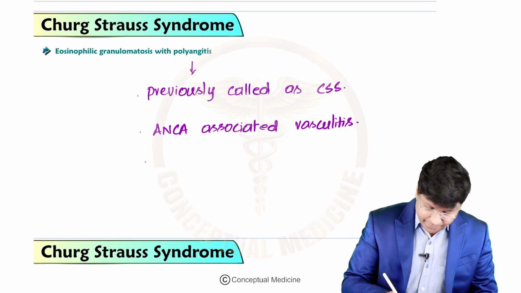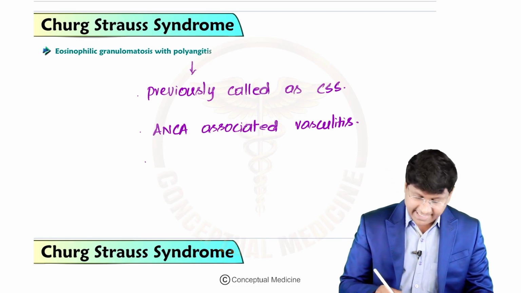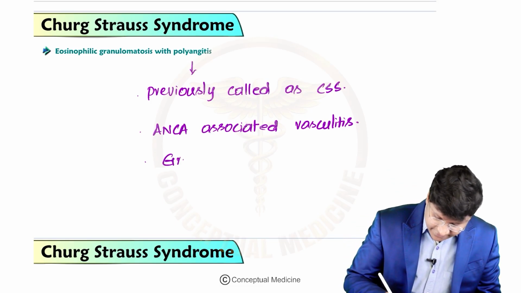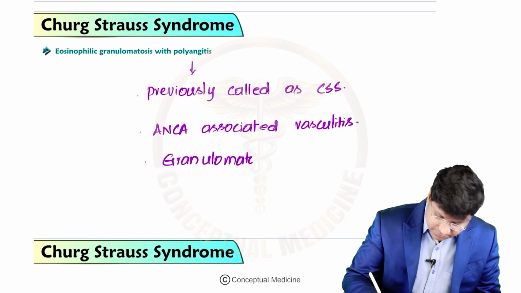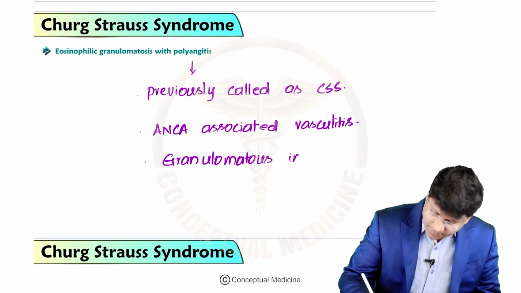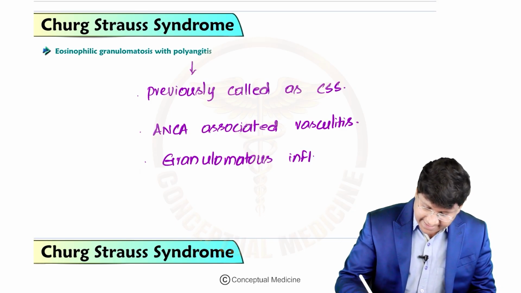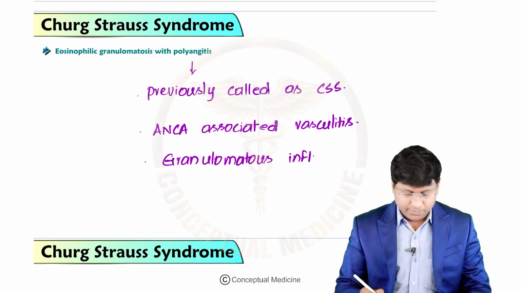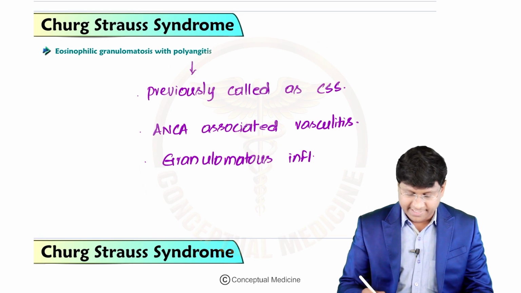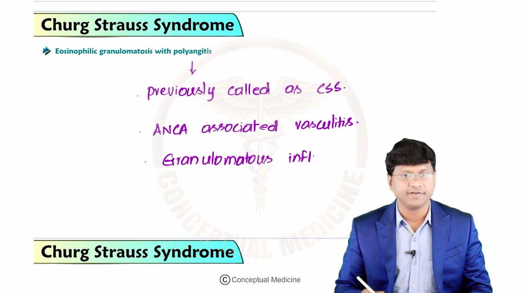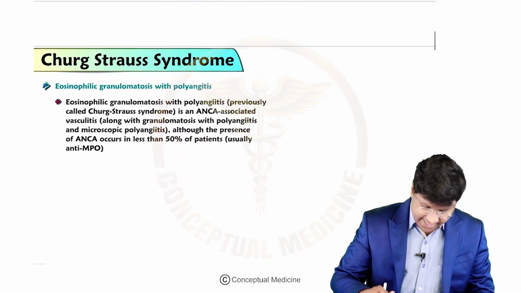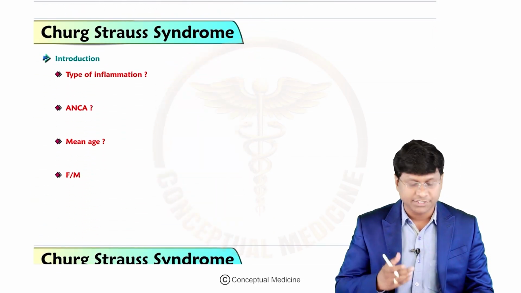And the type of inflammation that you will have in case of eosinophilic granulomatosis with polyangiitis is the granulomatous inflammation. Okay, right.